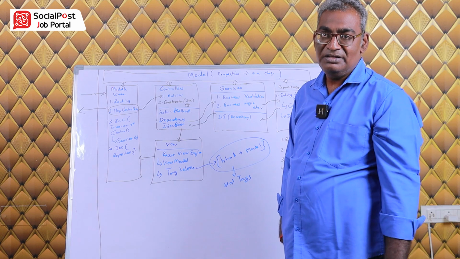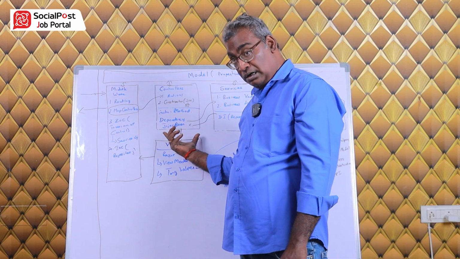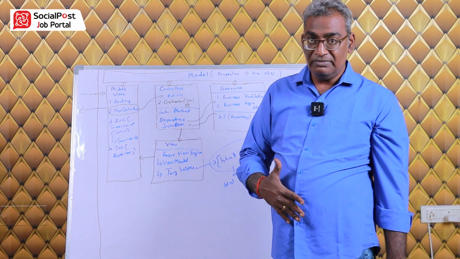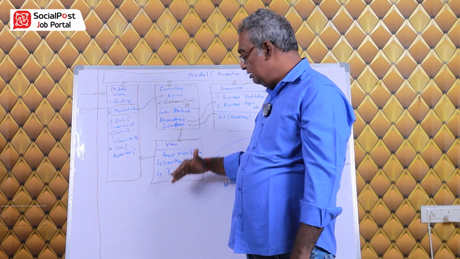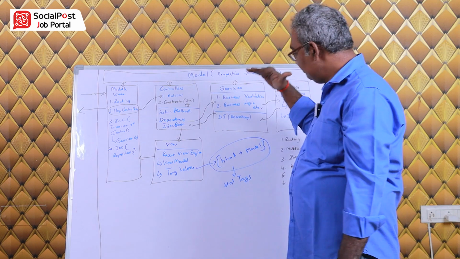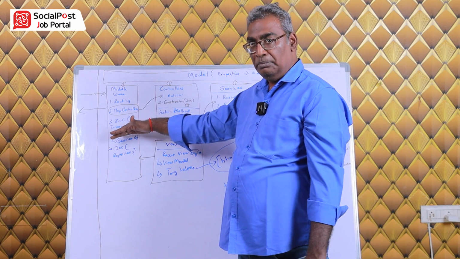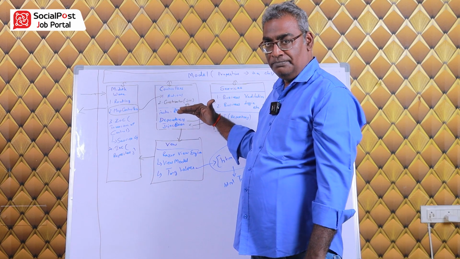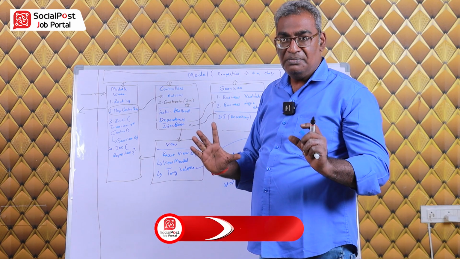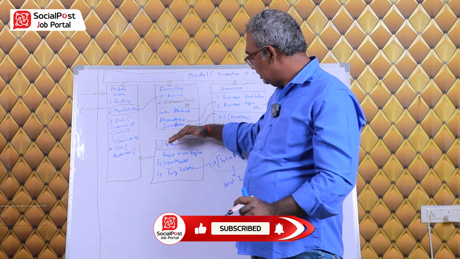So what is the difference between web application and web API? Web API only contains a controller. Web application contains both controller and view. Model is common, service is common, repository is common, middleware is common, controller is common. When you build a web application, you require a view. When you build a web API, you don't require a view.